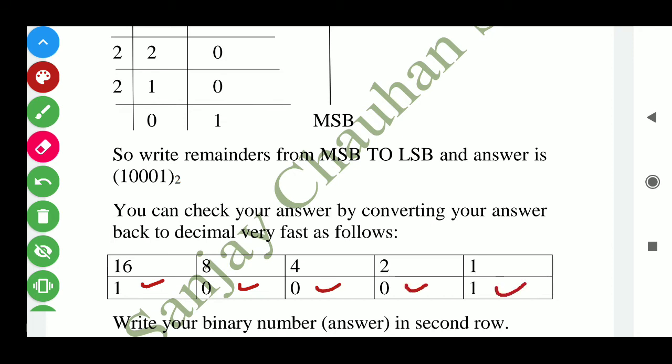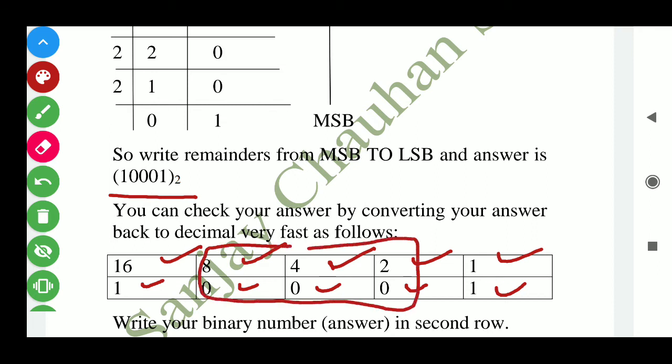At the top of this table, the first row, write from right to left: 1, just make it double, 2, double, 4, double, 8, double, 16, and leave all the numbers that have 0 under them.